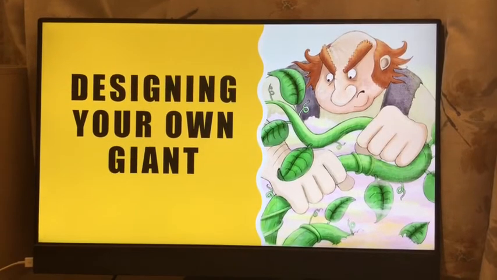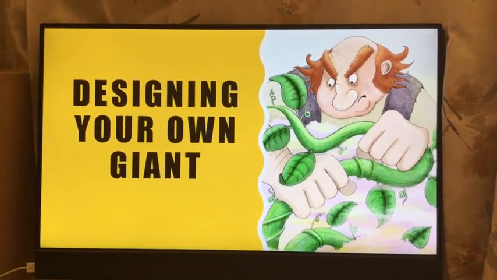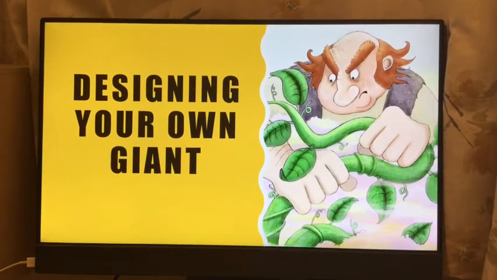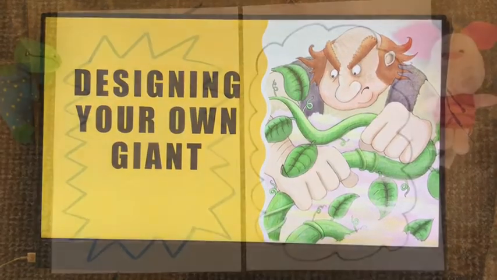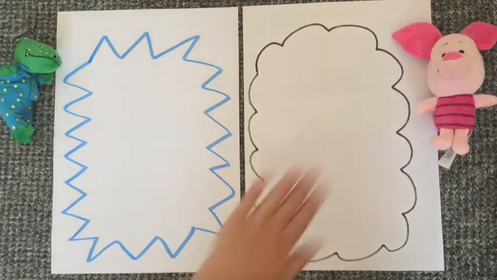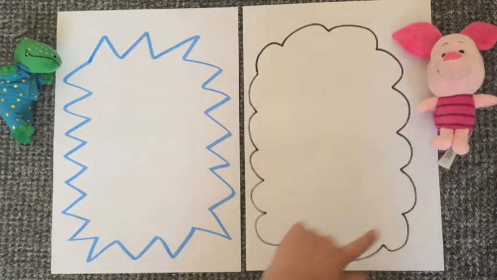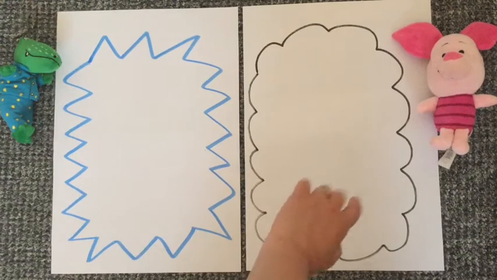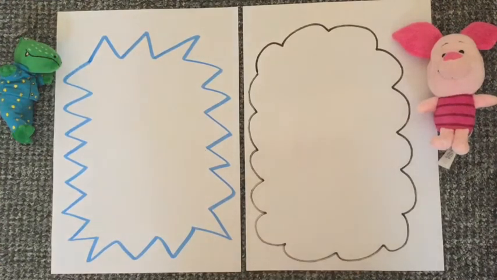So the first thing we're going to do is think about different describing words that tell us about a giant. I've got two characters here. One is Little Piglet, and he has got a lovely fluffy cloud here to have many describing words about a giant who I would really love to be friends with.